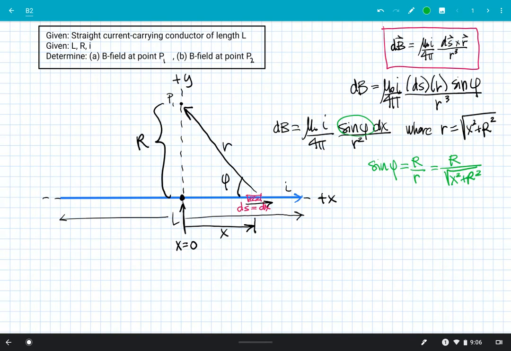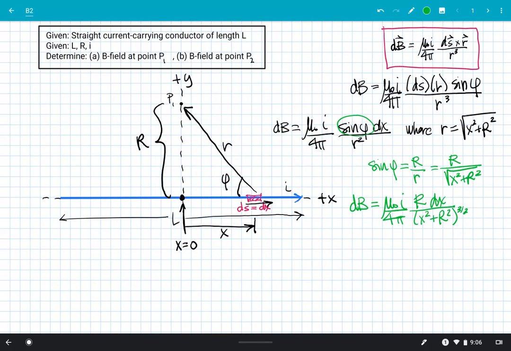It's going to allow us to rewrite that dB. So I will do that here. I've got then my dB is going to be equal to mu naught I over 4 pi times big R dx over x squared plus big R squared, all to the 3/2 power.